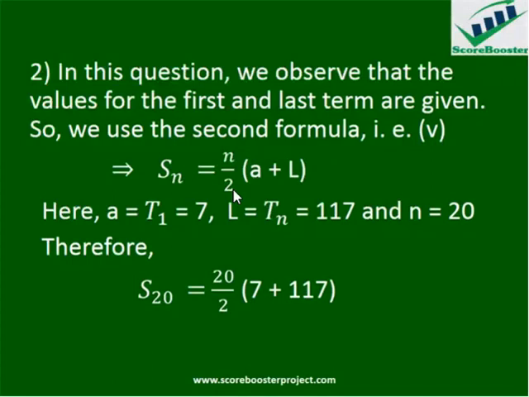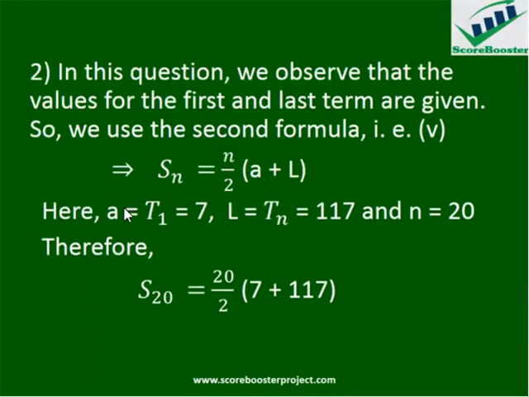With the parameters given, we know that we are to use the second formula for the sum of an arithmetic progression. That is, S subscript n equals n over 2 multiplied by a plus l, since the parameters we are given are only the first and last term and the number of terms.